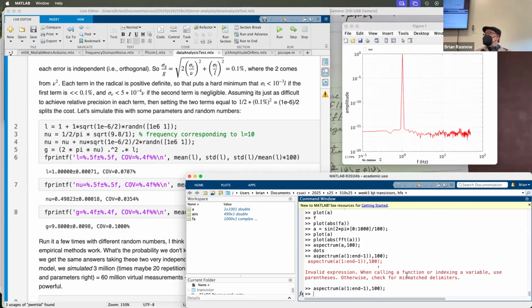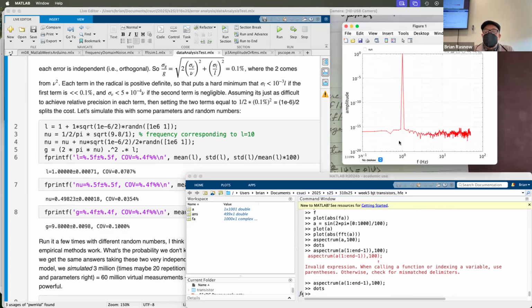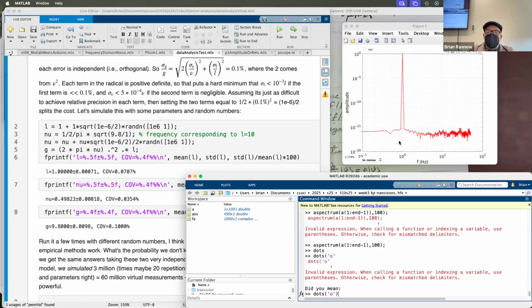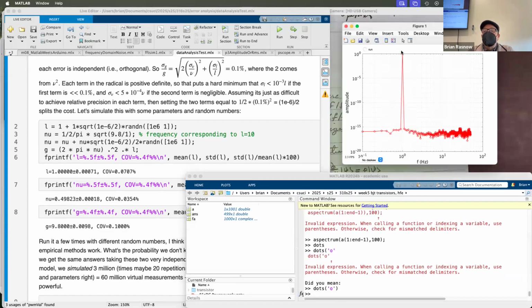So that's a delta function, and this is on a log scale. You can see it has an amplitude of 1 and everything else is basically zero. So the Fourier transform of a sine wave in frequency space is a delta function.